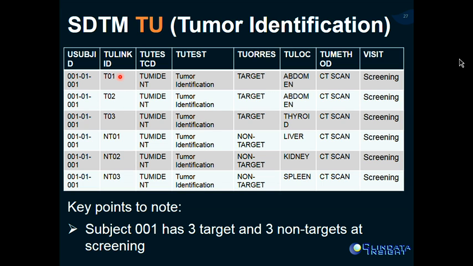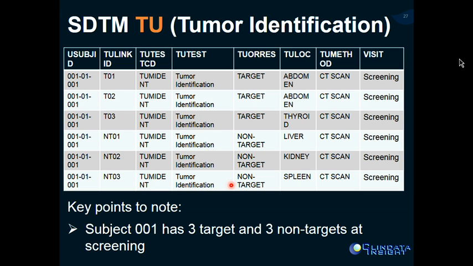It contains the tumor numbers, whether each is a target or non-target, where it's located, how it was measured, whether by CT scan or MRI, and what visit. As you see, subject 001 has 3 targets and 3 non-targets at screening.